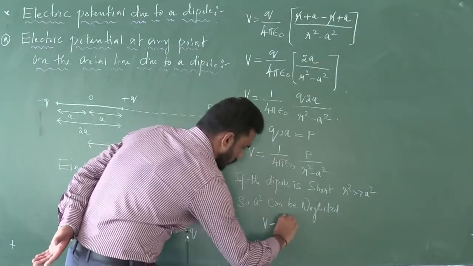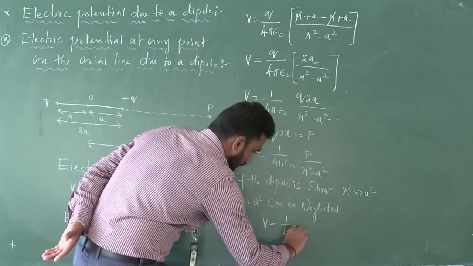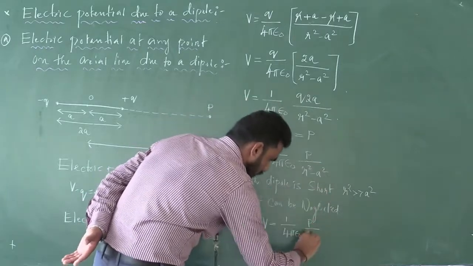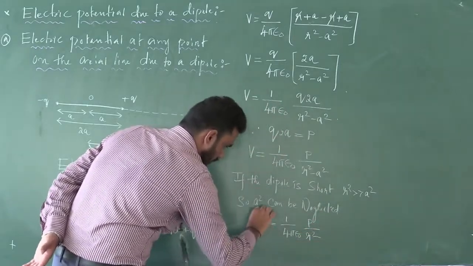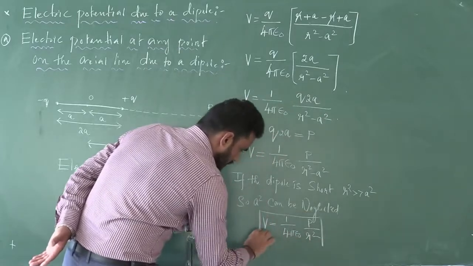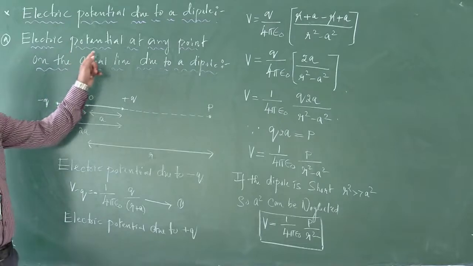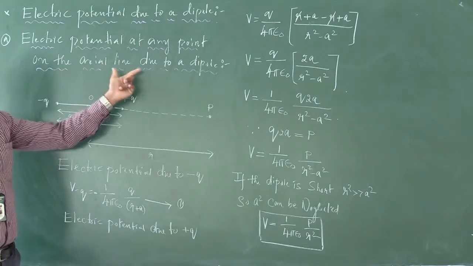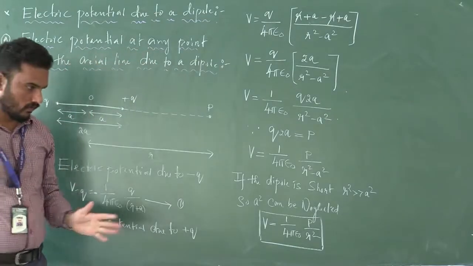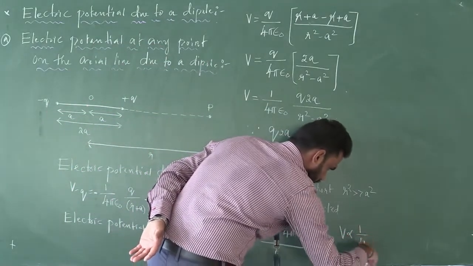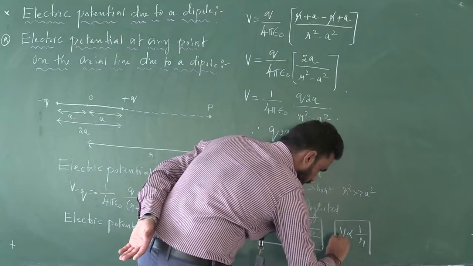V is equal to 1 over 4 pi epsilon naught p divided by r square, neglecting a square. So this is the expression for electric potential at any point on the axial line due to a dipole. Which means it varies inversely to the square of the distance.